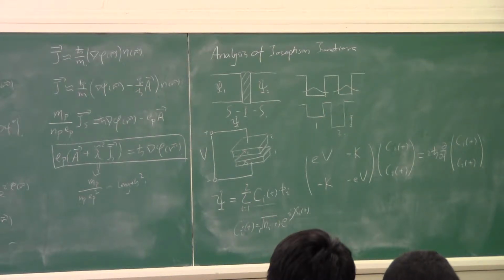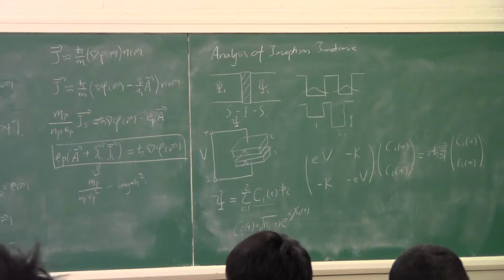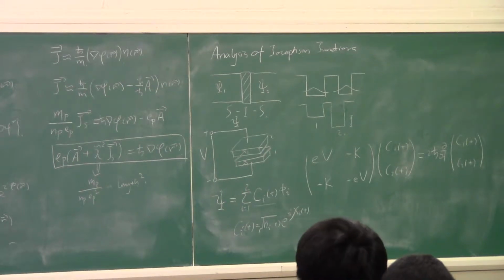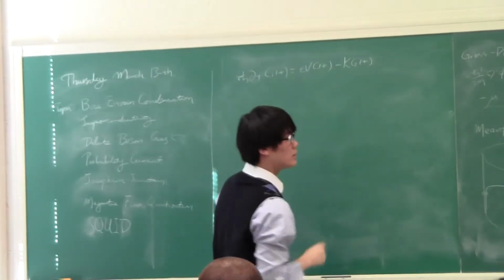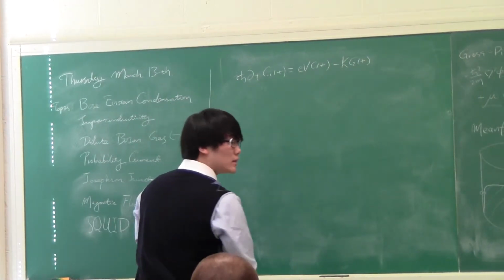No? Okay. So the first one is i h bar, and I'll start using this dot notation for the derivative. Okay. c1 dot of t is equal to eV times c1 of t minus K times c2 of t, right? From that equation. Okay, this is the first line.